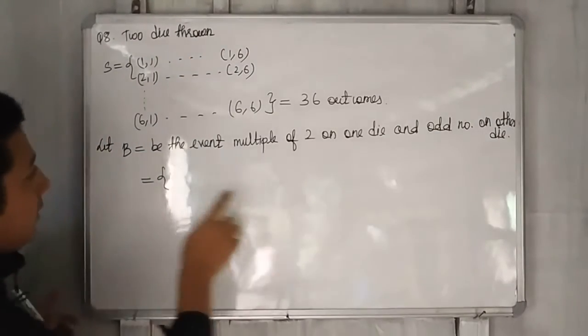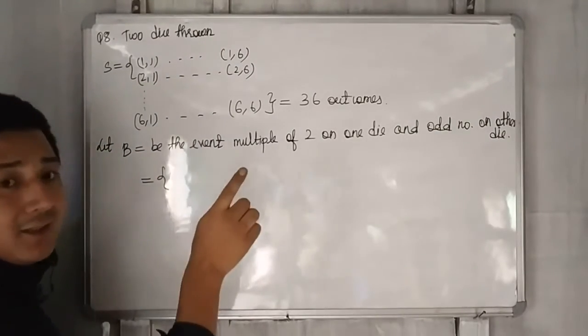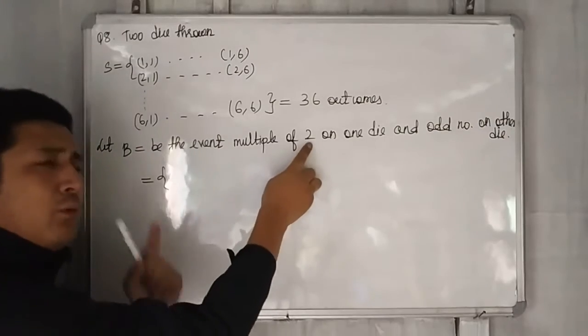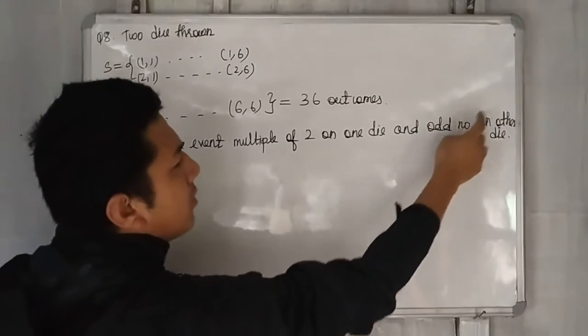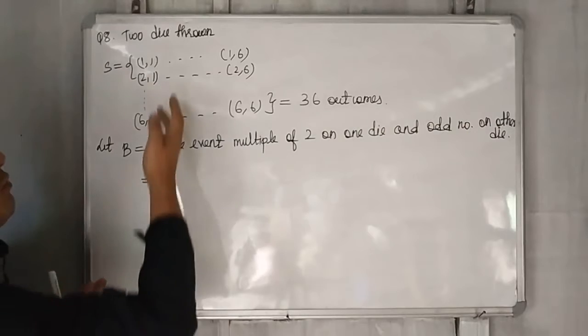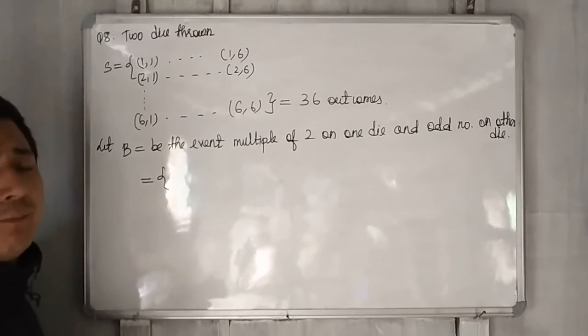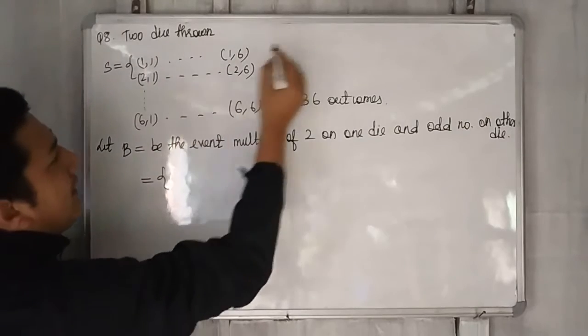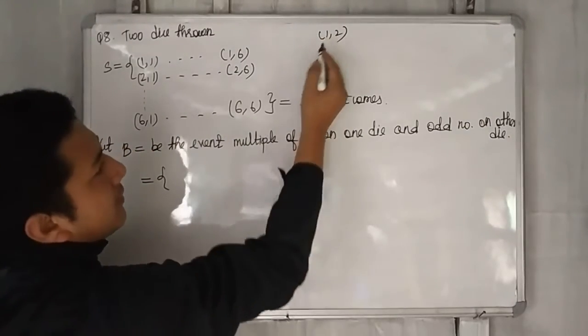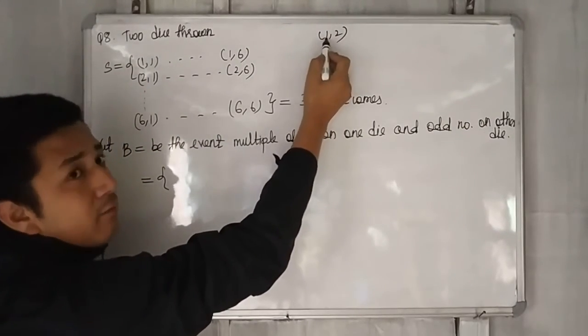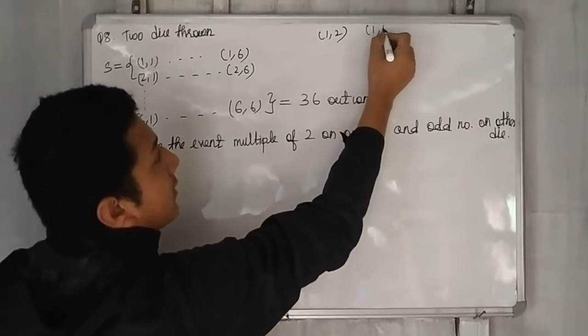Now the question is asking you to find that you will be getting a multiple of 2 on one die and an odd number on the other die. Now there are so many cases, isn't it? For example, from 1 I can take 1, 2, because multiple of 2 in one, odd number in other. I can take 1, 4 also.